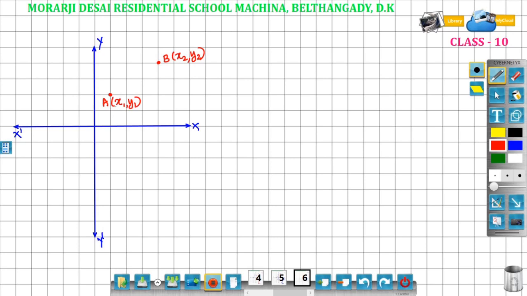We are deriving a general formula, so write the coordinates of point A as x1, y1, and of point B as x2, y2. Now, you have to find the distance AB. To find AB, we have to draw a right triangle with hypotenuse AB.